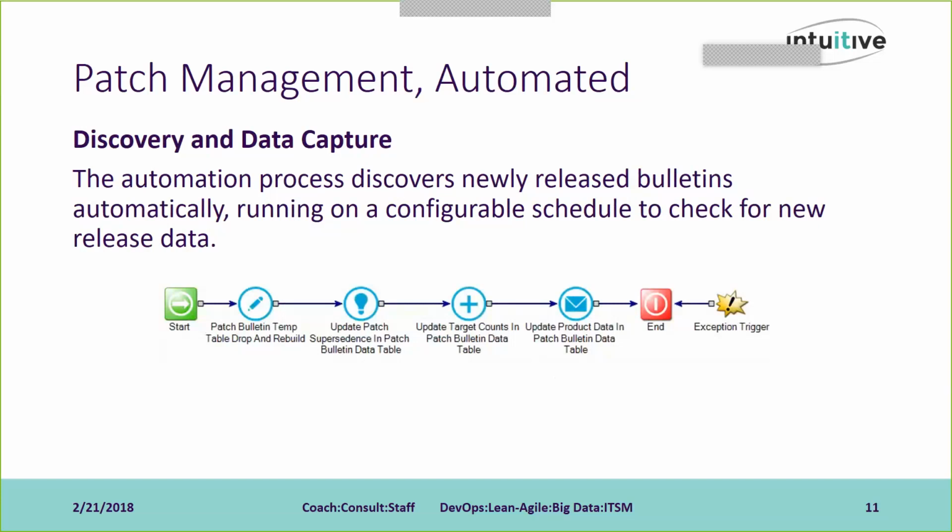So typically the project would check every 3 hours or so to refresh the custom patch data table. That way, the very longest we have to wait for new patches to begin being distributed and staged is 3 hours. We also update bulletin supersedence to ensure we have the freshest patch data, and we're only targeting bulletins that need to be applied.